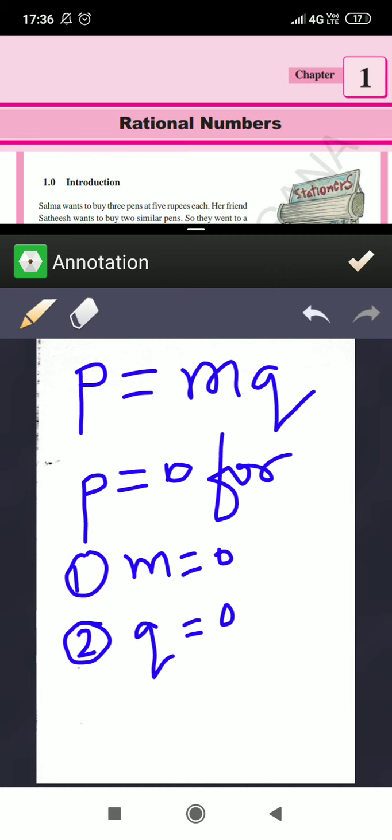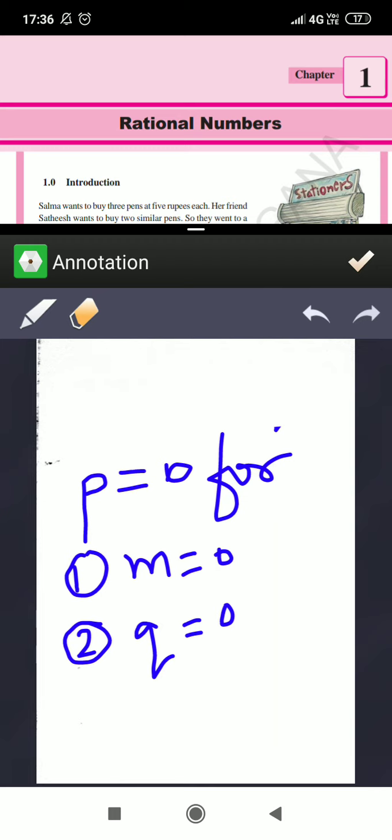If m is equal to 0, what happens to the LHS part? LHS also should be equal to 0, because when you substitute m as 0, p becomes 0. So I reversed the statement. So see here, when q is equal to 0, p is equal to 0.